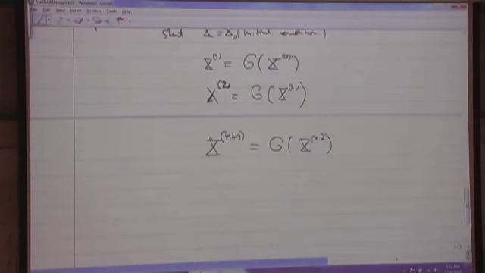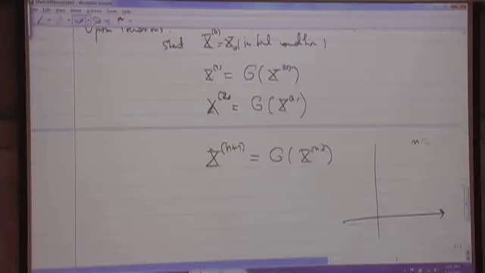Yep. And you can think of, let's say 2 variables. If I have x1, x2 here, then what is this iteration doing?